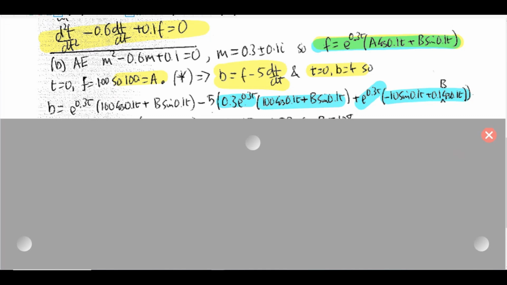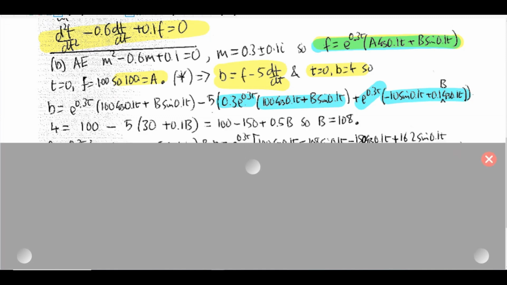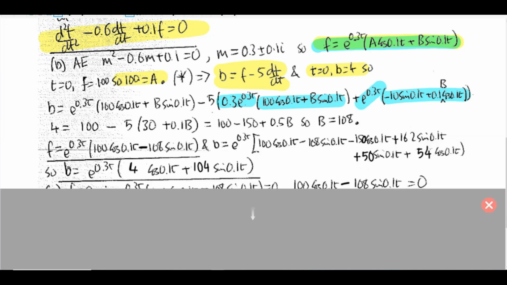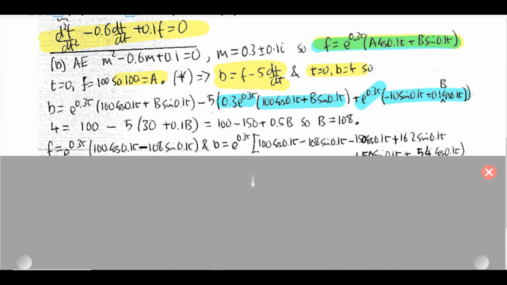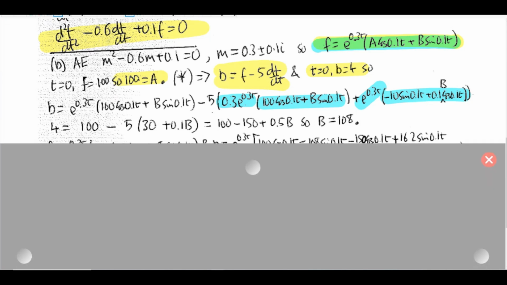Now, if you substitute into that, when t is 0, b is 4, this is what I think you should get. There's a mistake somewhere here. B is 104, not 108. Let me just change this later as we go through it. So you get 4 is 100 minus 5 into 30 plus 0.1d.